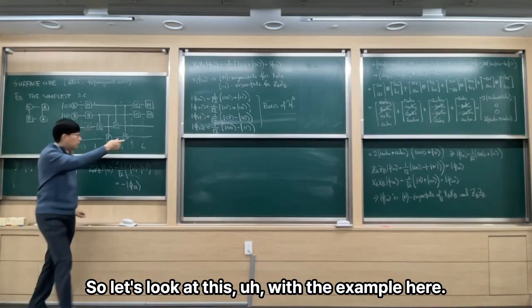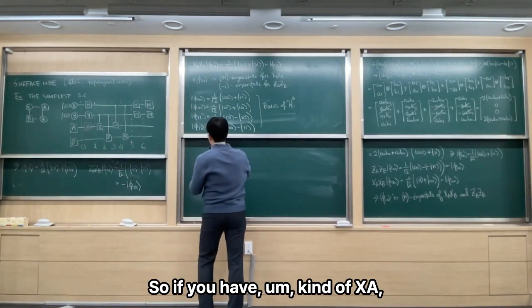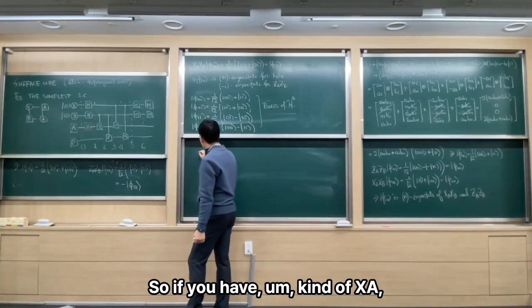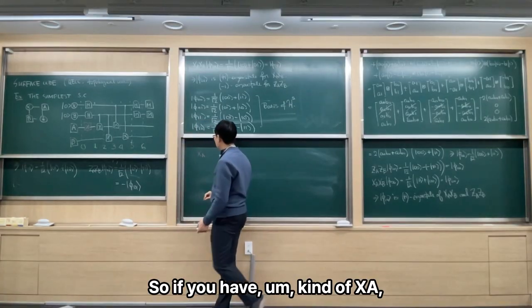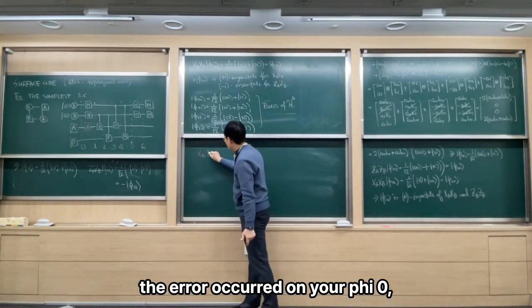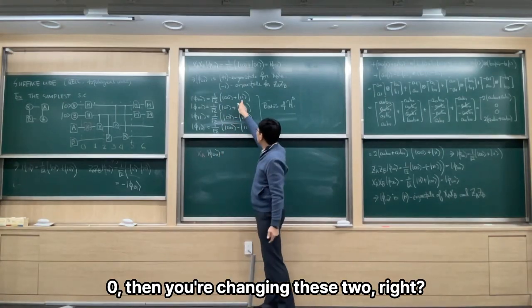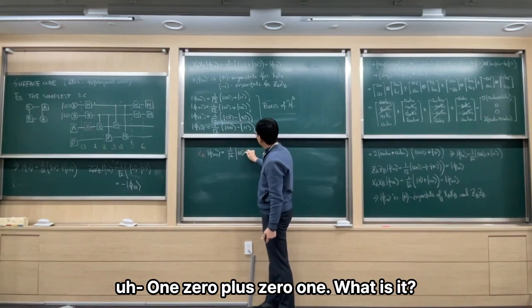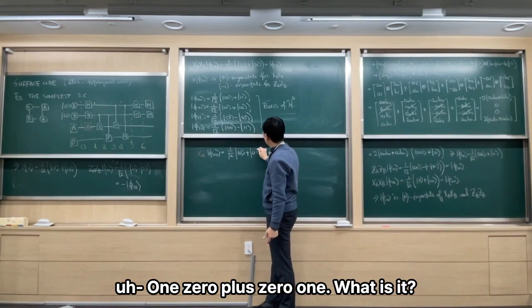So let's look at this with the example here. If the XA error occurred on your phi 0, 0, then you're changing these two, right? So we have 1 over square root of 2, 1, 0, plus 0, 1.